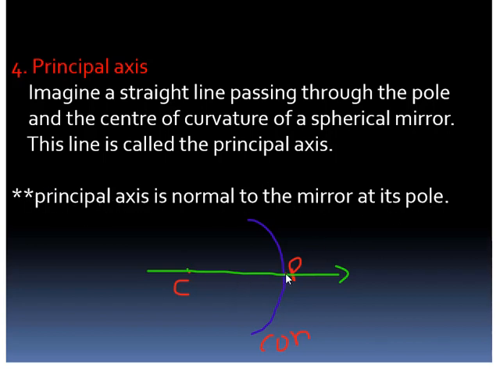So this is the pole. At this pole, if I draw a normal here, normal means 90 degrees. So at this point, the pole, the principal axis is normal to the mirror. That means it is 90 degrees. With the pole, the angle of the principal axis is 90 degrees.